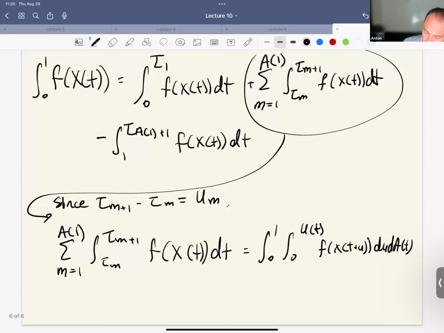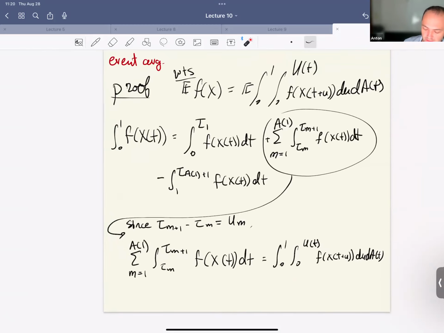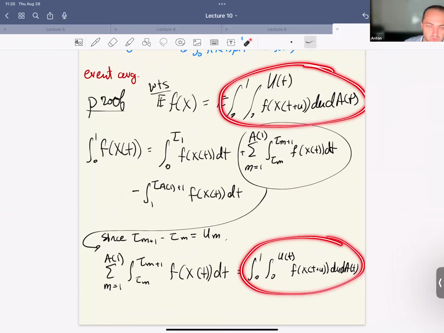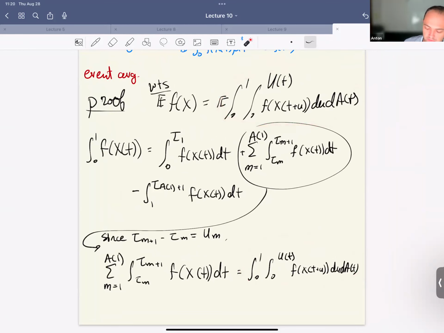This expression is a change of variables, and basically this is what we need to show. Of course, we need to take an expectation, so it means that these two things should cancel out, and they do. Okay, and given the time constraint, I'm just going to stop the proof right here.